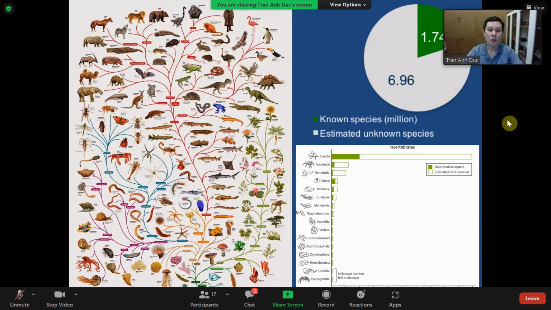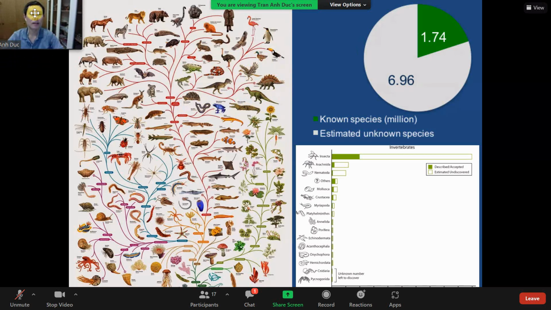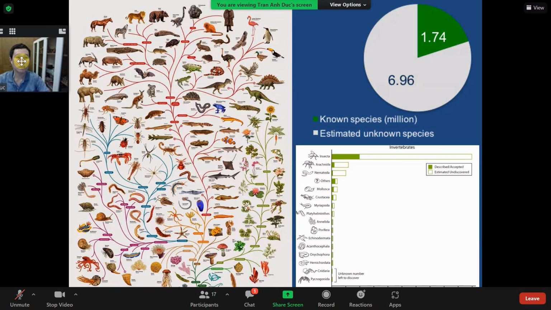We have known only a very small portion of it. The gray part here is the at least 7 million species that scientists estimate are still not known to science yet. So the unknown is much, much bigger than the known.